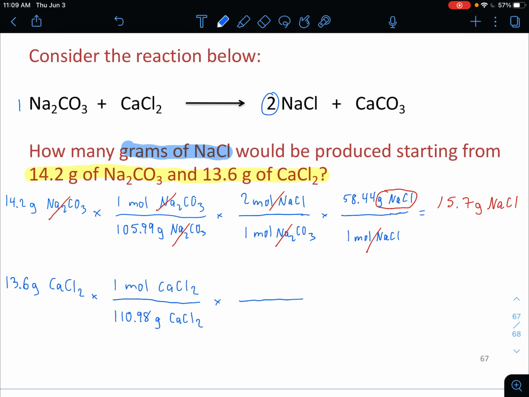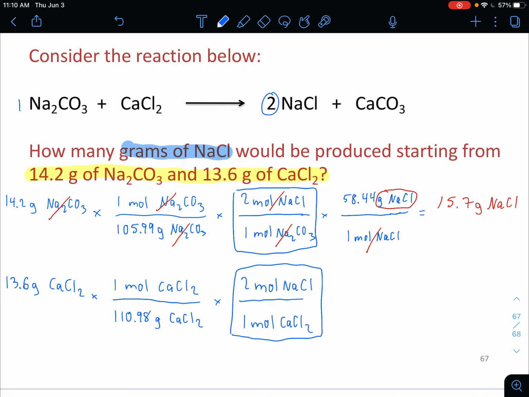Same ratio, right? 1 mole CaCl2 in, 2 moles NaCl out. Oh, I guess I've been boxing this and I forgot. Up there, we'll do it here. And then the last step's going to be identical, right? 58.44 grams sodium chloride per 1 mole.